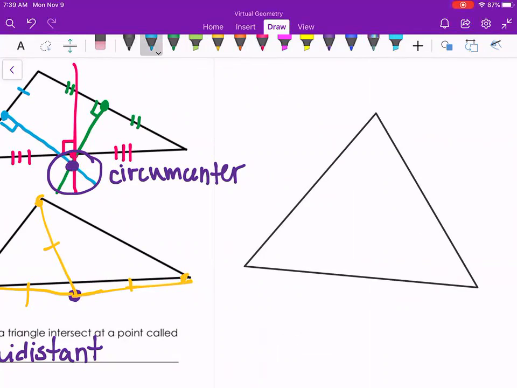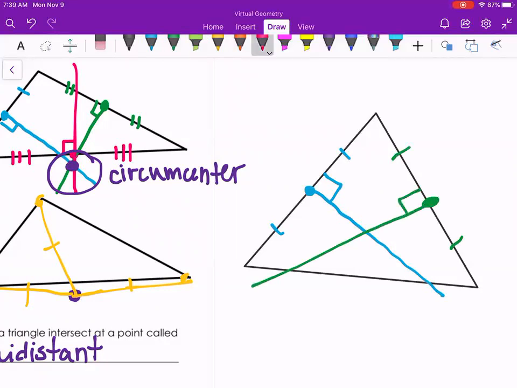And if we do the same idea, so there's one perpendicular bisector. There's my second one. And there's my third one. This time, it's sitting inside the triangle.